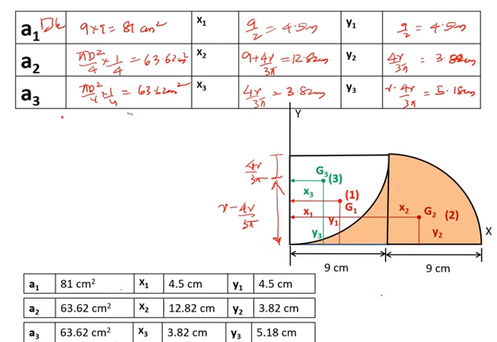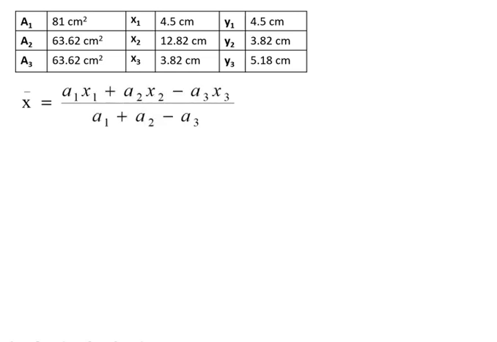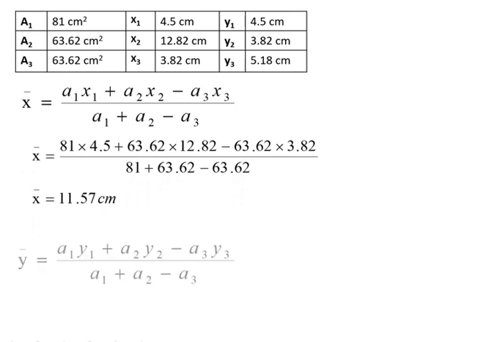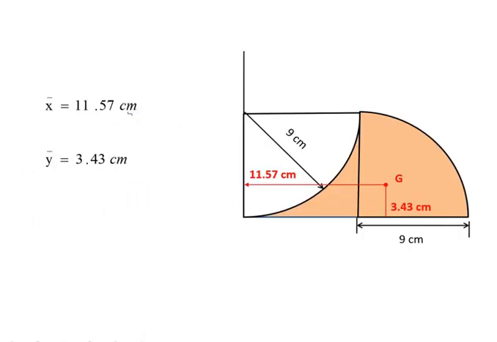So these three are now known to you. From there you'll get the value for your x bar similar to the previous question, that is you'll get this one as 11.57, and y bar you'll get it as 3.43. So that is 11.57 and 3.43.